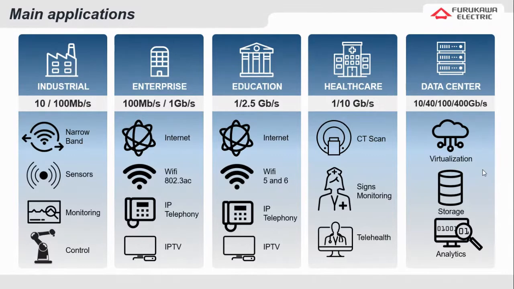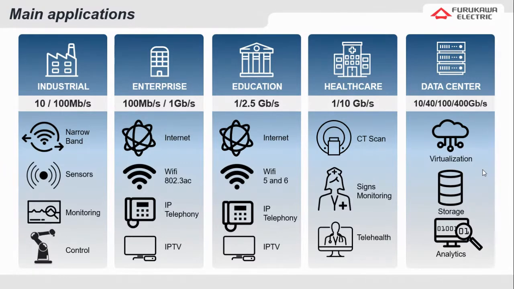You may stumble upon some device with a gigabit Ethernet interface in an industrial environment, of course, but the actual bandwidth needed doesn't happen to be as high as it is, for example, in an enterprise environment where we deal with internet connections, IPTV, IP telephony, and high density Wi-Fi systems. So in enterprise premises, we are talking about fast Ethernet or gigabit Ethernet, which are, like we said before, standards from the 90s, but still in use today.